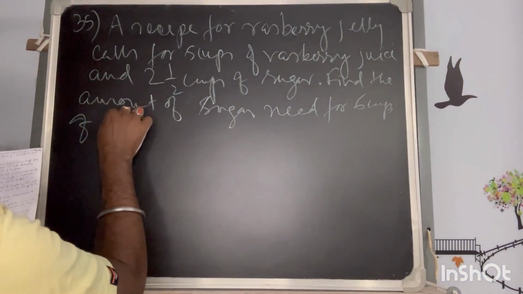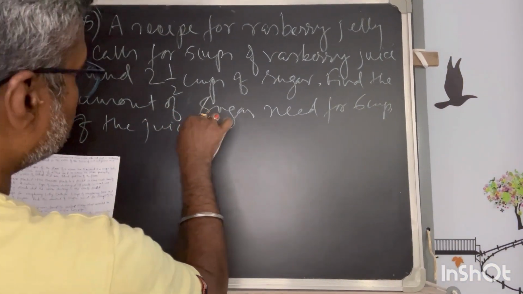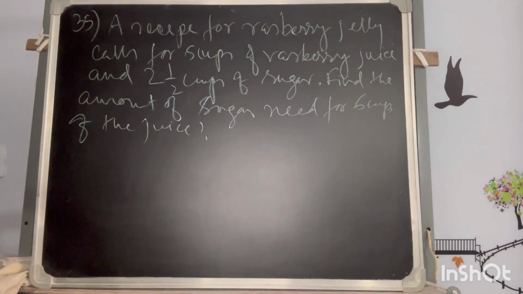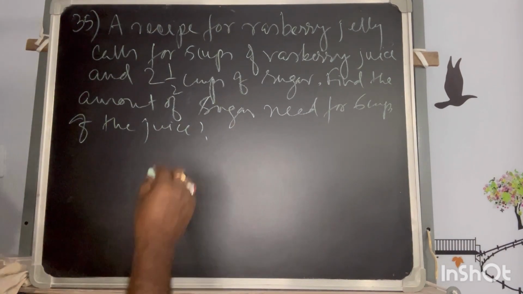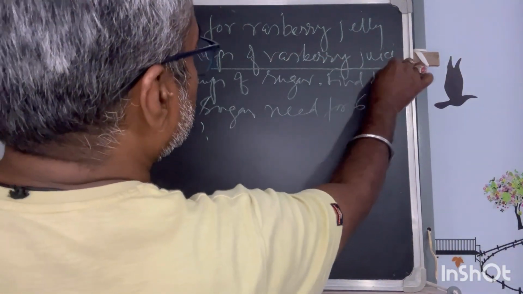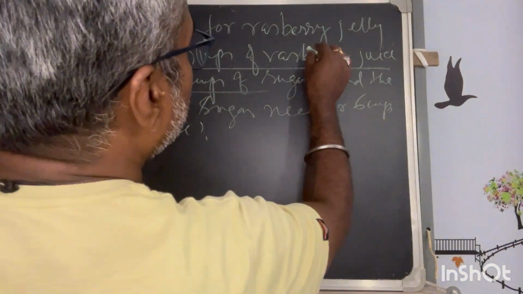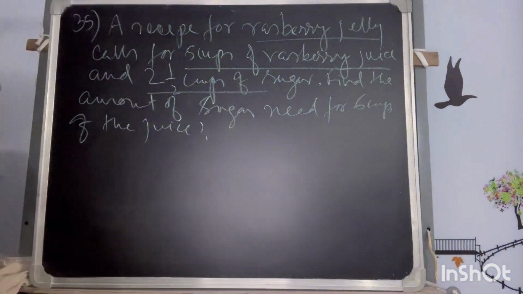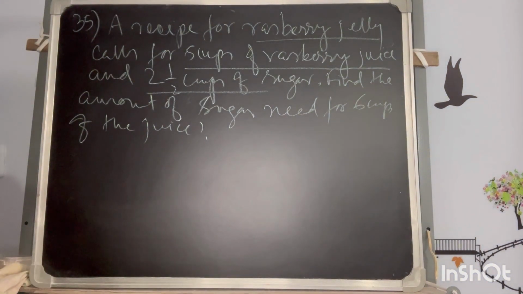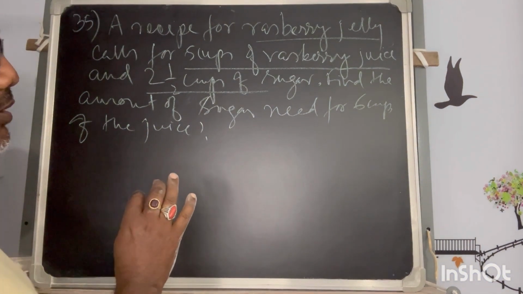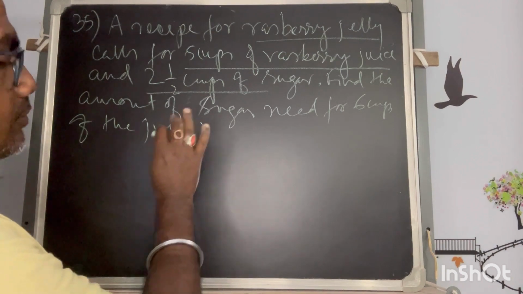Now a recipe of raspberry jelly calls for 5 cups of raspberry juice and 2.5 cups of sugar. If the jelly is always made in the same proportion, then only this calculation is possible.